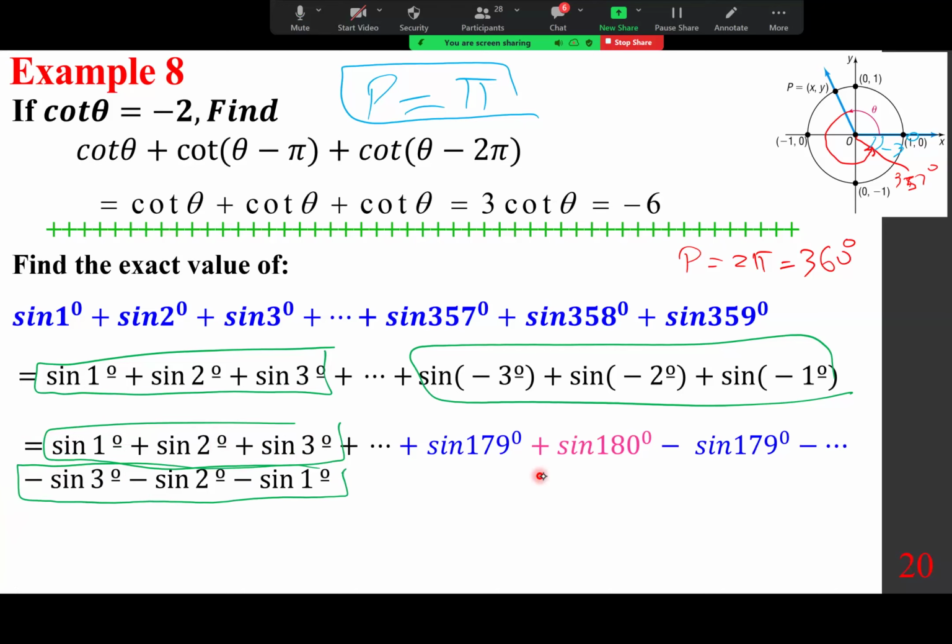So everything cancels out. This goes all the way to plus 179, and this is 181 degrees. This is plus sine 181 degrees or minus sine 179 degrees. That's why they cancel each other. So everything cancels out. What remains is sine of 180. And sine of 180 or pi, we should know it's 0.